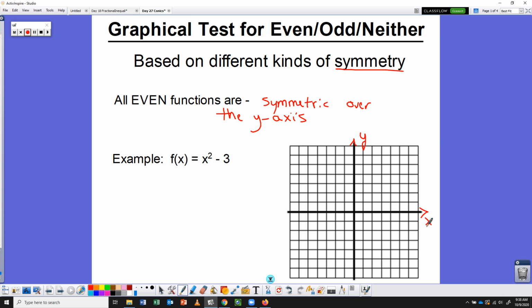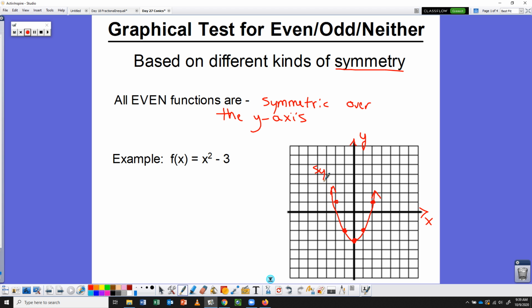So that is a parabola that's been moved down 3 units. Some of the points on this graph would be (0, -3), (1, -2), (2, 1), and on the left-hand side, (-1, -2) and (-2, 1). So here's your parabola, and as you can see, this parabola is symmetric over the y-axis. So that means it's an even function.